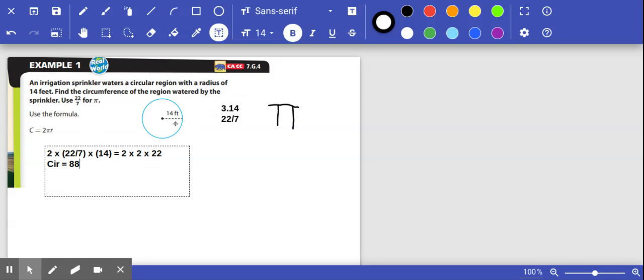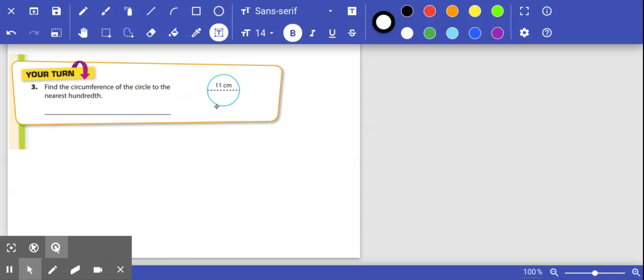Oh, they are given a unit here, so we can say 88 feet. All right. If we wanted to type that in a nice sentence, we could say the circumference, and I'm okay if you abbreviate circumference, it's a long word, is 88 feet. There you go. And there's our sentence.